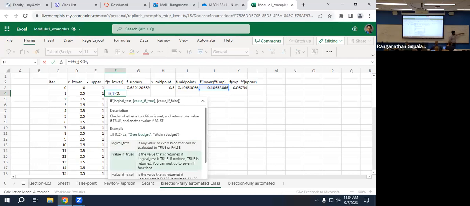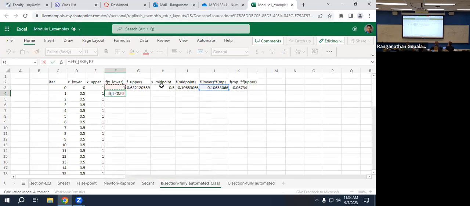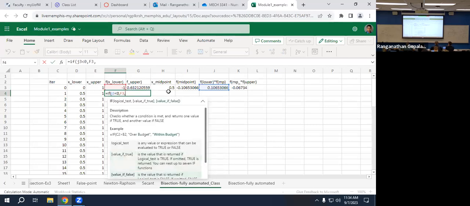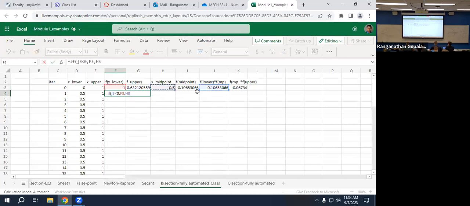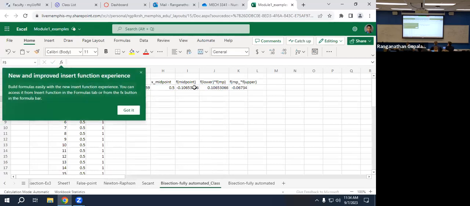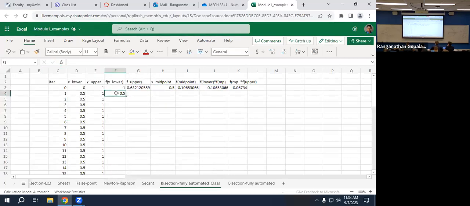X lower new is the old x lower. If it is false, x lower new is xm. I need to put that into my sheet. X lower new, what is the new value of x lower? Should be the old value of x lower. If it is false, then it should be the midpoint. See?